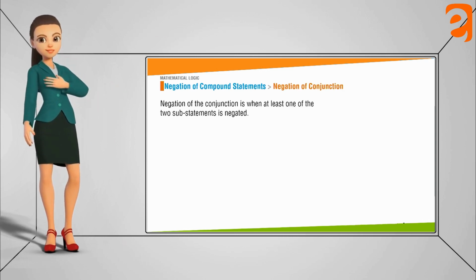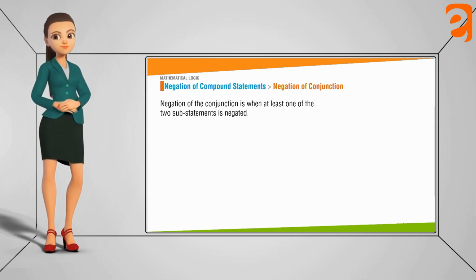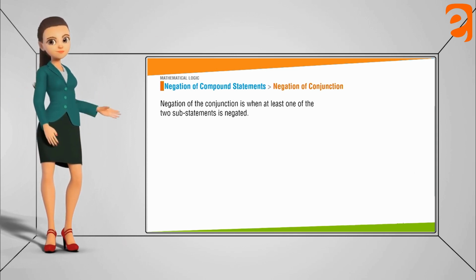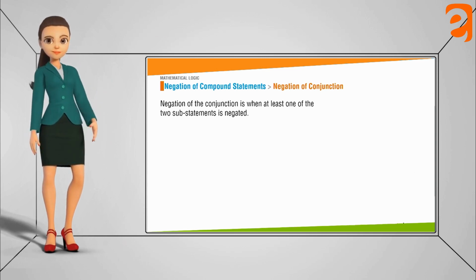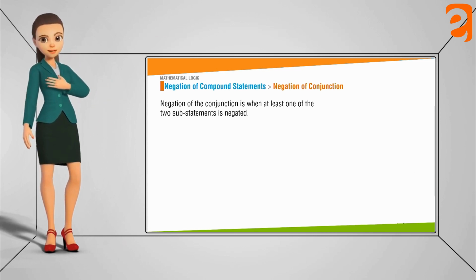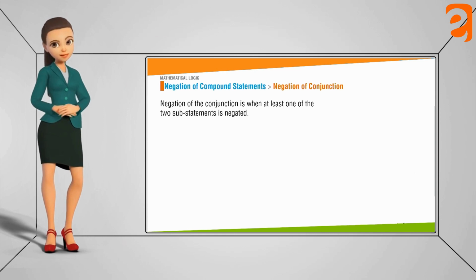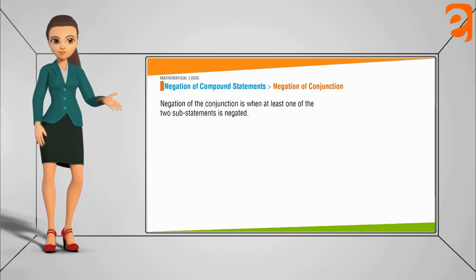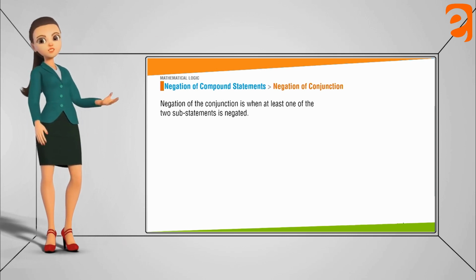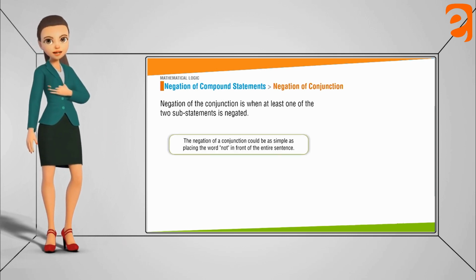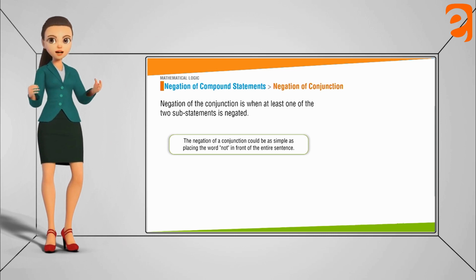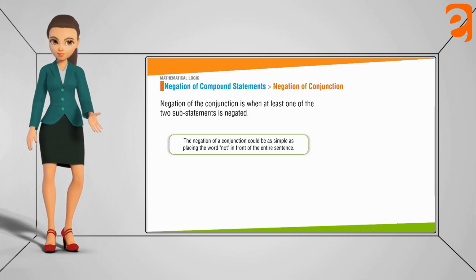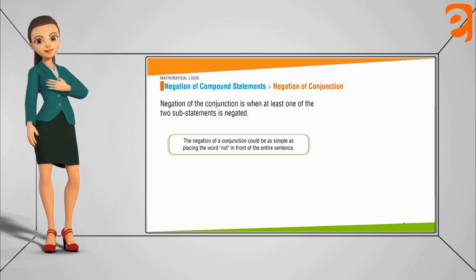So let's define what we mean by negation of conjunction. Negation of conjunction is when at least one of the two statements is negated. A conjunction is formed by joining two statements with the word and. Negation of a conjunction means that you make either one of the two statements negative, or you can make both statements negative.